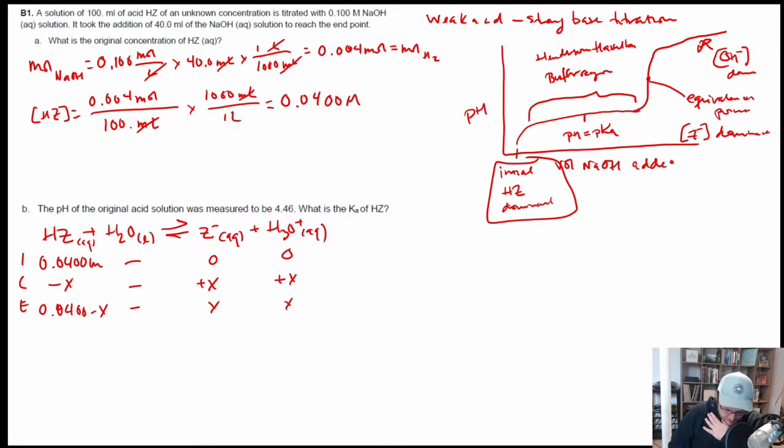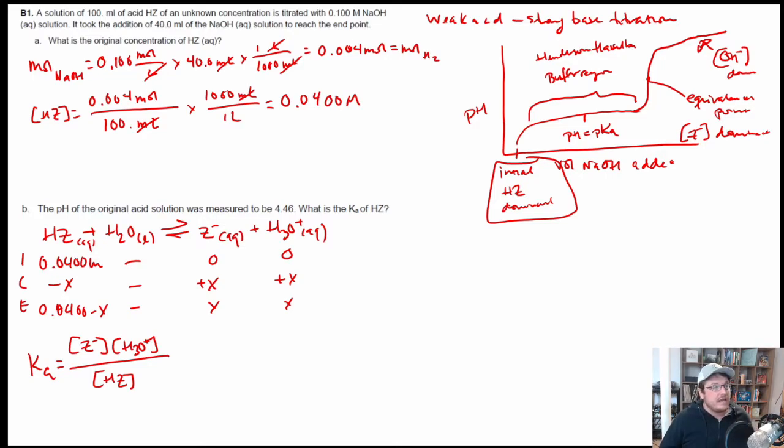So if we set up the equilibrium expression, we have Ka is equal to the concentration of Z minus times the concentration of H3O plus over the concentration of HZ. So we have all of that. Now, the question is, what is Ka? That's what we're trying to calculate.